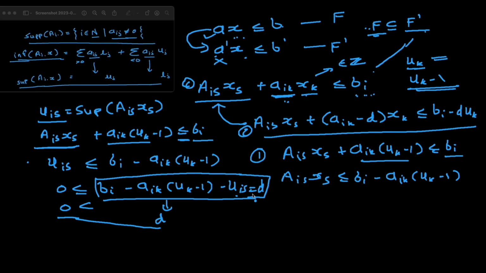So using this we can replace these two terms: BI minus AIK times UK minus 1 is equal to D plus UIS, right?